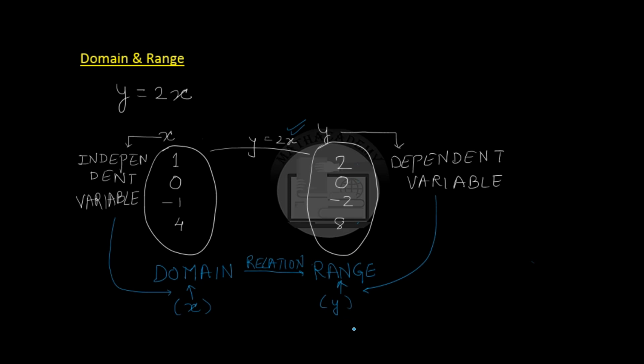I hope the terms domain and range are clear, and we map the values of the domain to a given value in the range by following the relation which is given to us. Now let us see the different kinds of mapping that can happen between a domain and a range through examples.